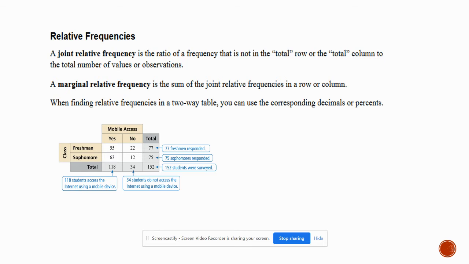Relative frequencies. So now when we're talking about relatives, the difference between the front side of your notes and the back side of your notes, because they're using a lot of the same words, is that part relative.